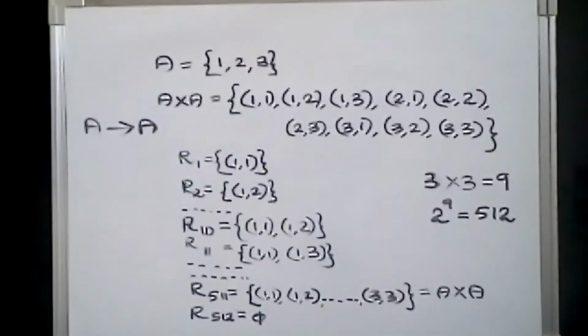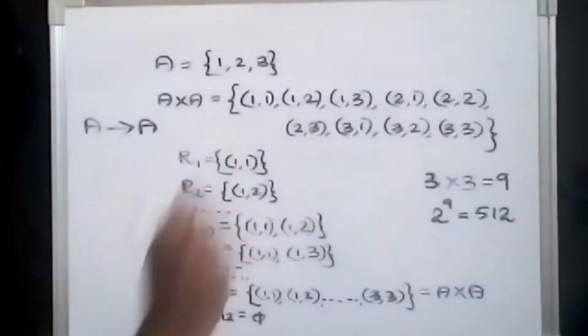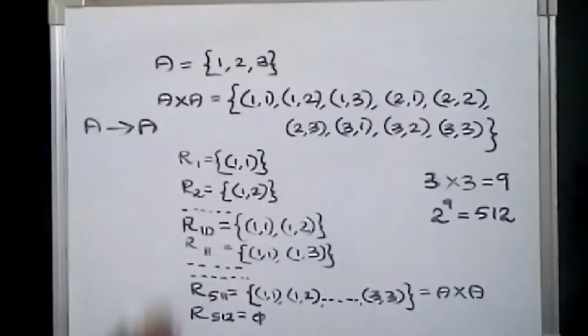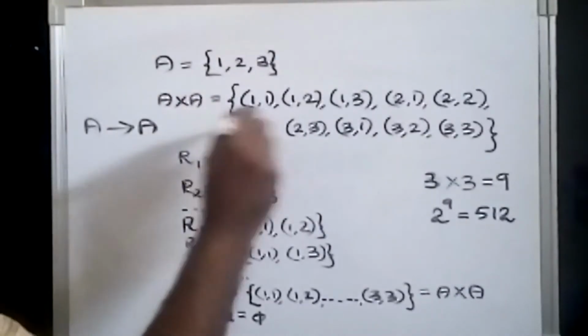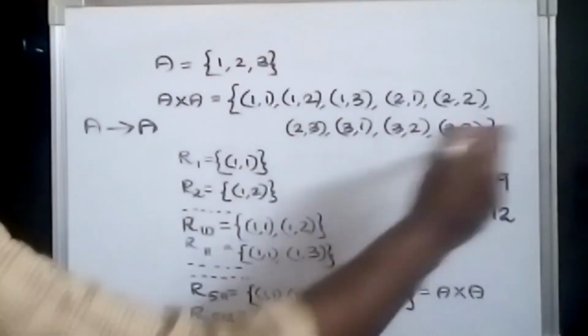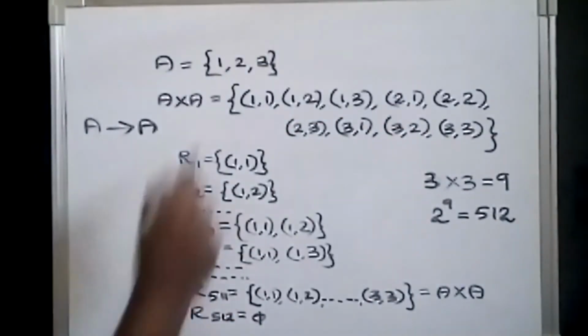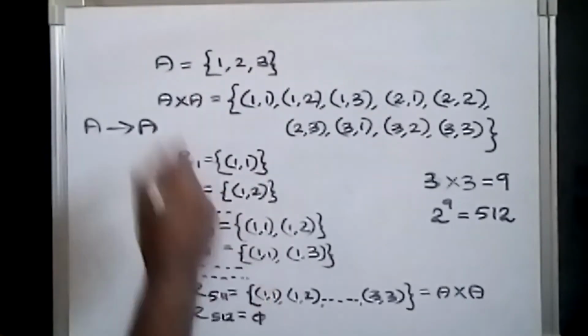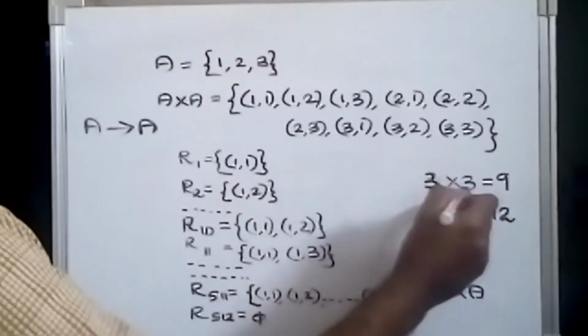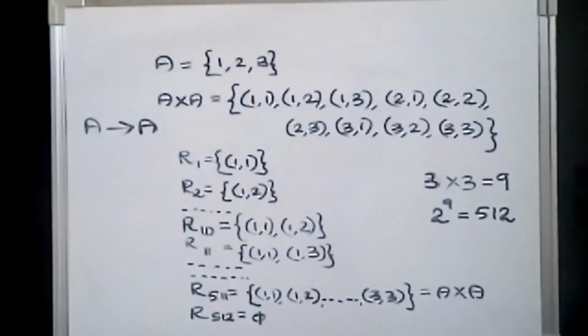Let us write all the subsets of A cross A. A cross A equal to set {(1,1), (1,2), (1,3), (2,1), etc., (3,3)}. Since A has 3 elements and again A has 3 elements, A cross A has 3 into 3 equal to 9 elements.